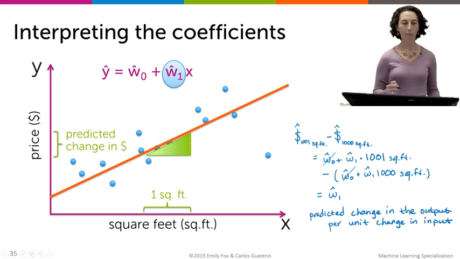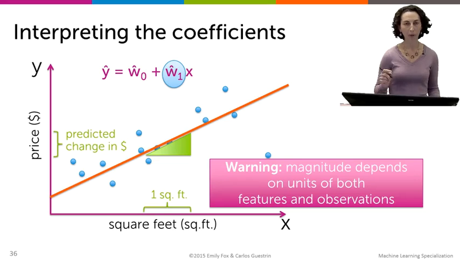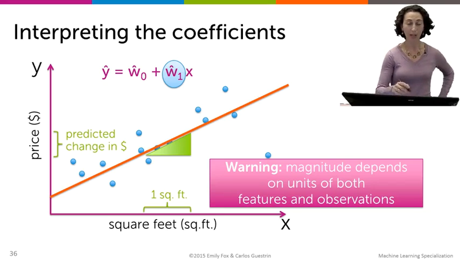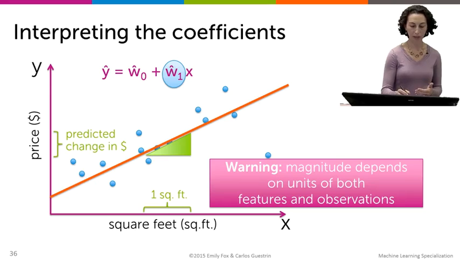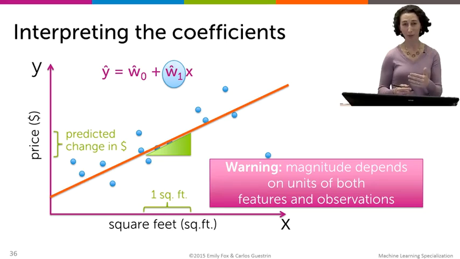Okay, so that's how we're going to interpret w hat 1. But one thing I want to make very, very clear is that the magnitude of this slope depends both on the units of our input and on the units of our output. So in this case, the units of slope are dollars per square feet.